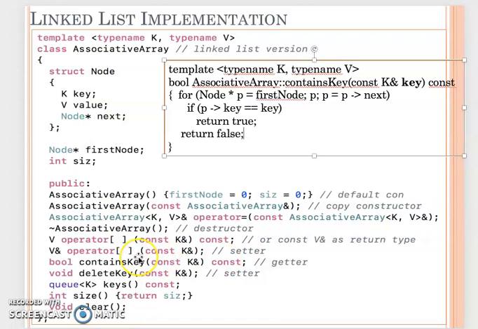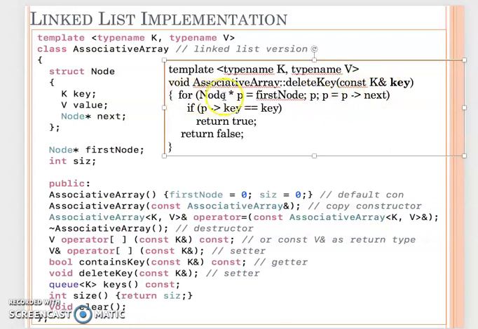How about the setter functions? We have the square bracket setter and we have delete key. Okay, good, let's do delete key first. Delete key is a void function. You pass in the key.